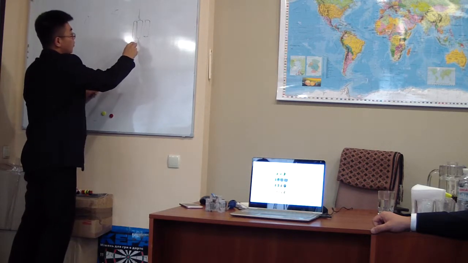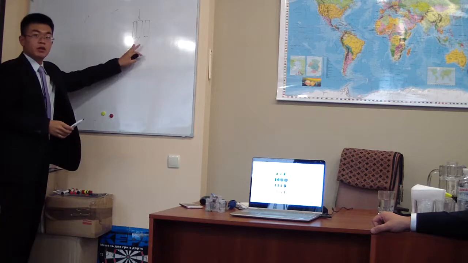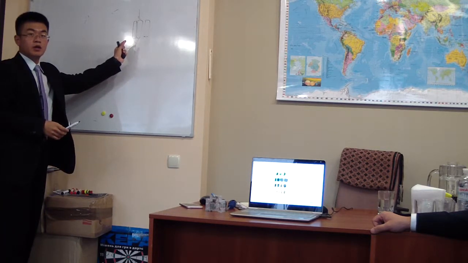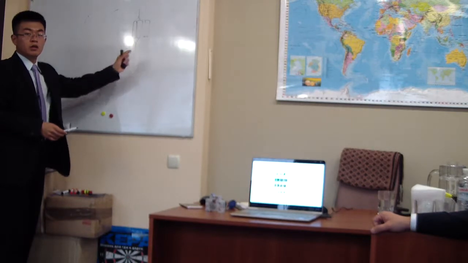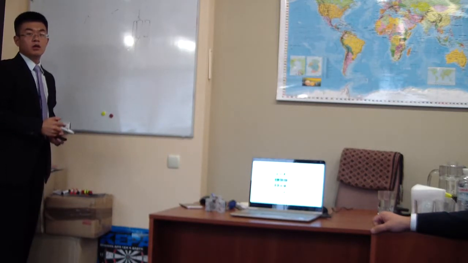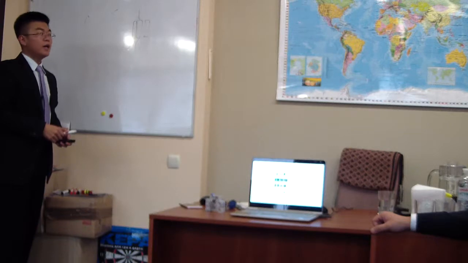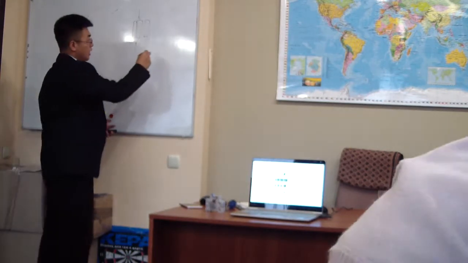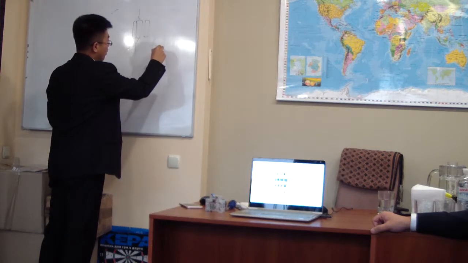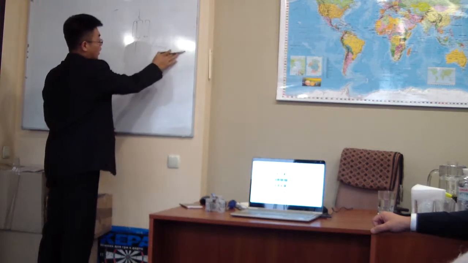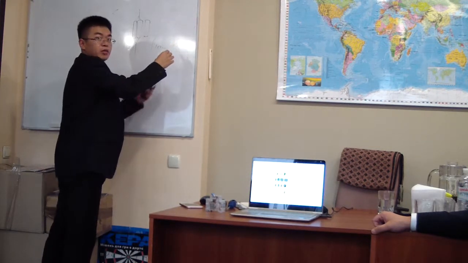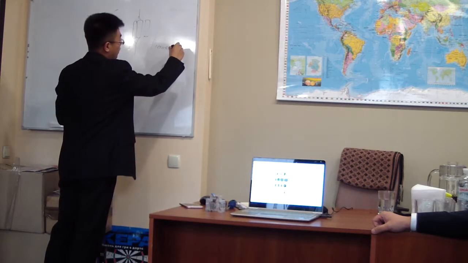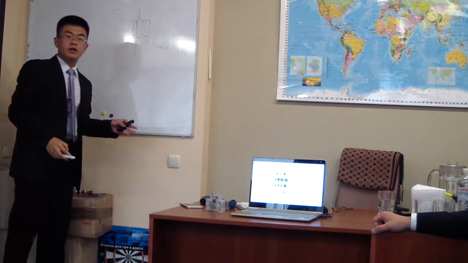You mean if you connect them in parallel, the range of amperes will decrease by half? Yeah, so we can see that the frame is smaller than the rated current.